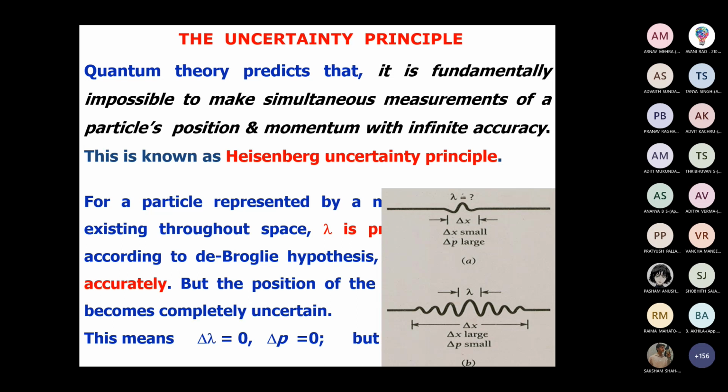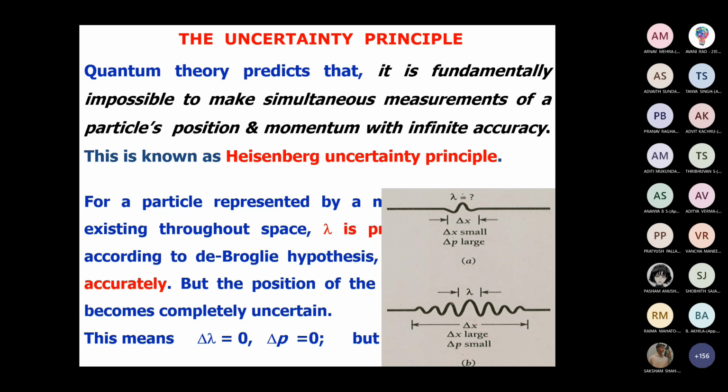In the first case, I repeat, when delta x is small, it's difficult to estimate the wavelength, but you can precisely estimate the position, and the momentum is larger. Whereas in the second case, when x is large, the uncertainty in measuring the position becomes large, whereas the uncertainty in measuring the momentum becomes small. This is known as the uncertainty principle.